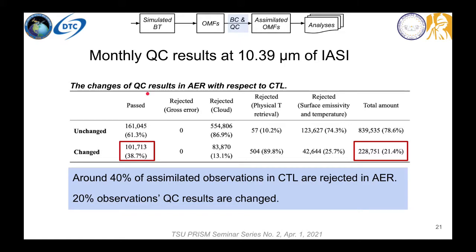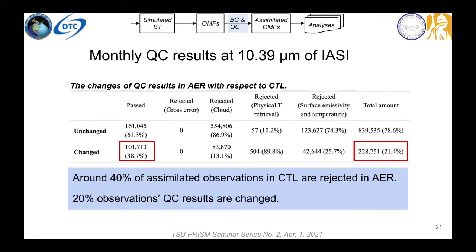And after the first guess departures are affected by the aerosols, then the bias estimates are also affected. Here I show the comparison of the total bias estimate from the control run and the AER run.